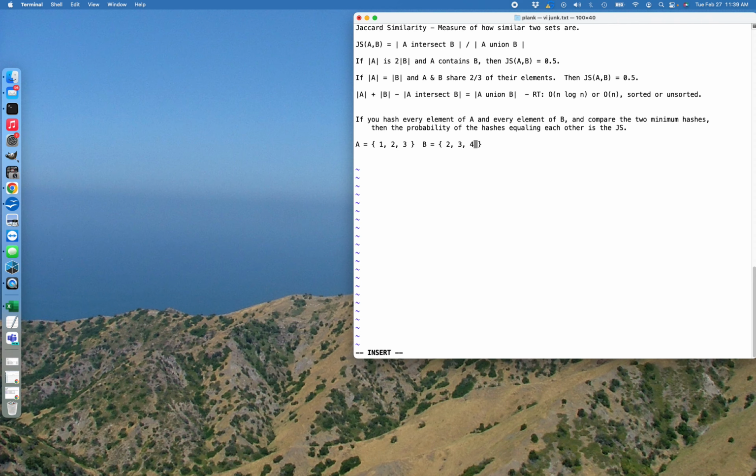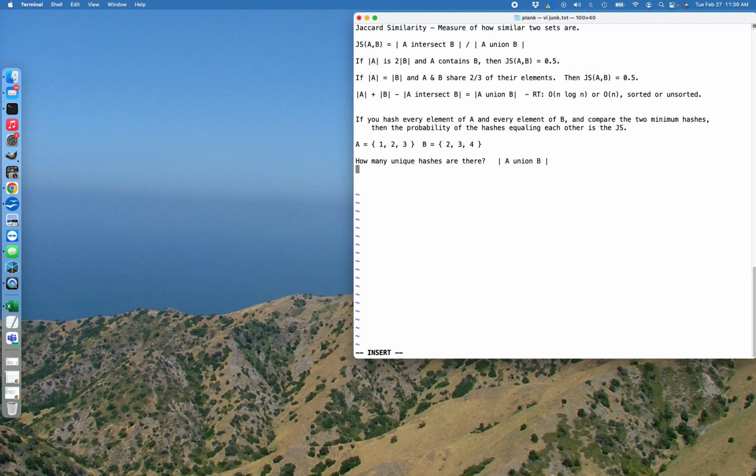So we have the exact same thing. 25% 1, mismatch. 25% 4, mismatch. 25% 2, match. 25% 3, match. 50%. Okay? So now let's just go to the definition in general, right? So how many unique hashes are there? Well, A union B. Right?